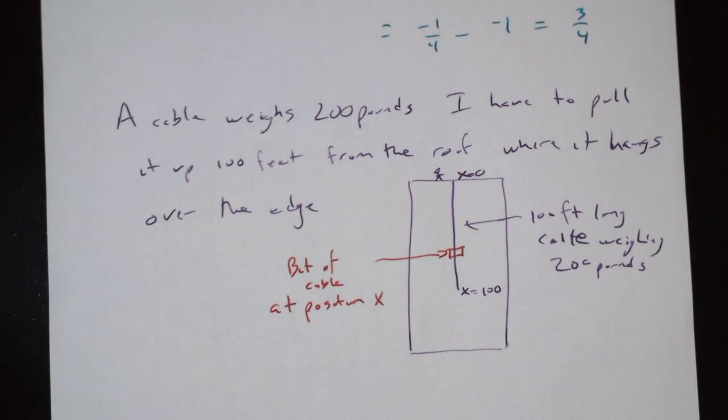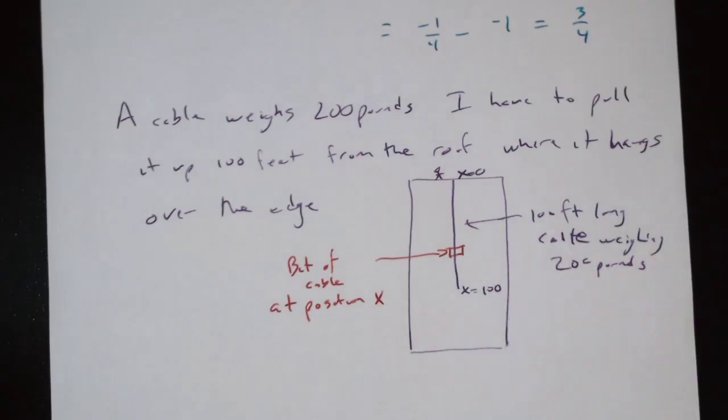I need to know two things. I need to know the weight of this piece of cable, because that'll be the force. And then I need to know how far it has to travel. Force times distance, that'll give me my Riemann sum. So first question, how far does this piece of cable need to travel?